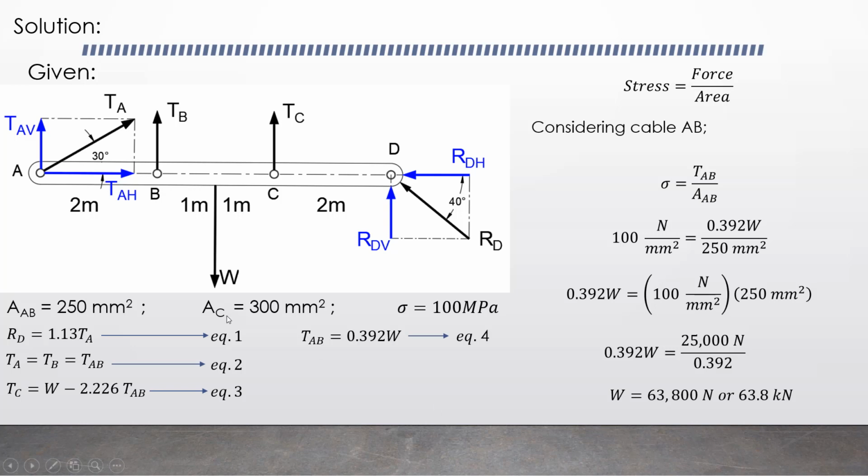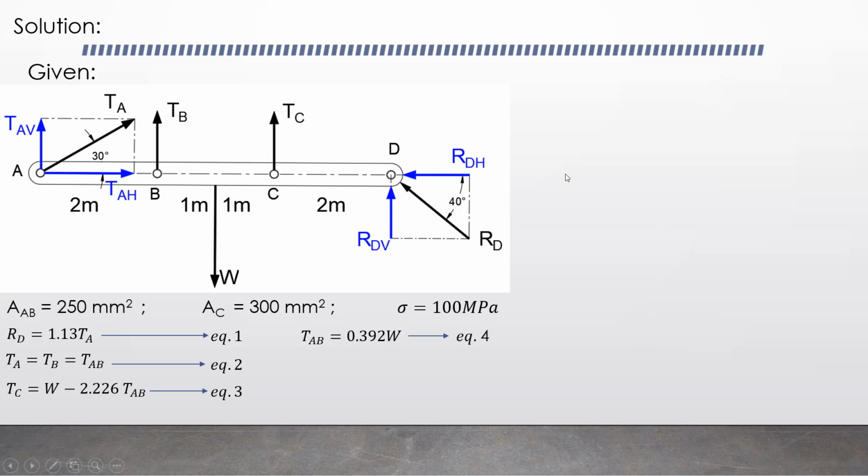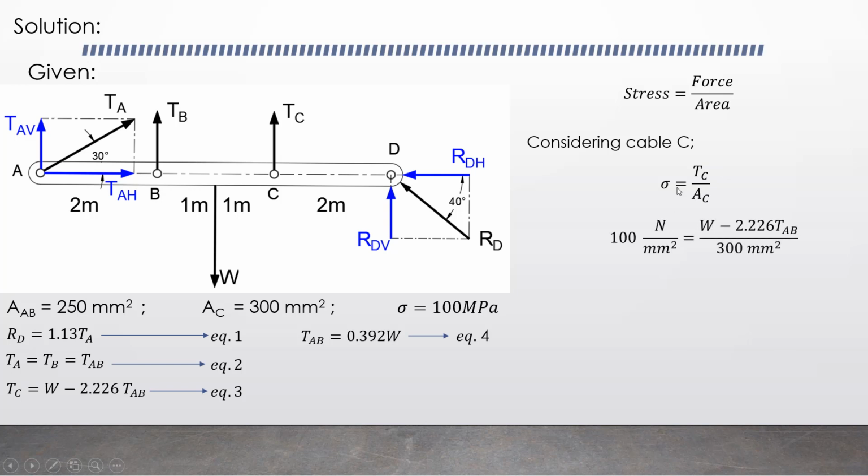Since we have another cable attached to the bar, now let's consider the cable C. So just use the tension of C here and then the area of cable C. Just substitute the value since we already have the value of cable C in terms of the weight.